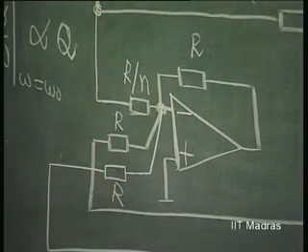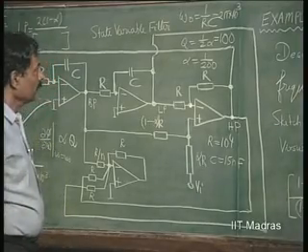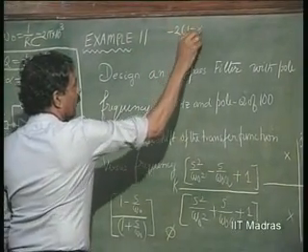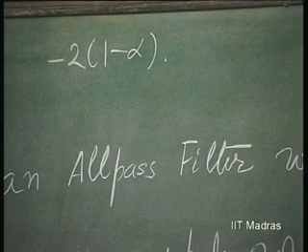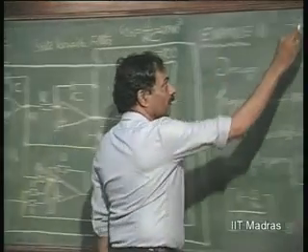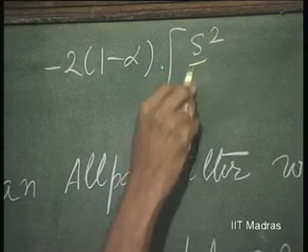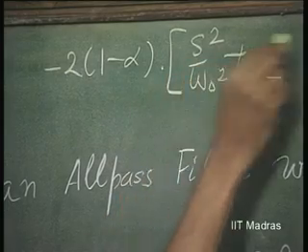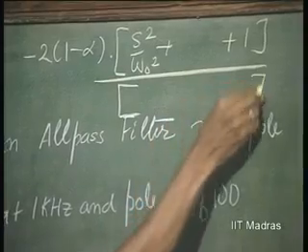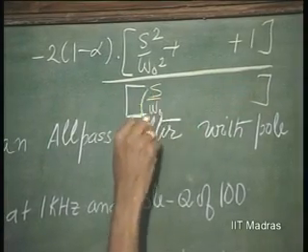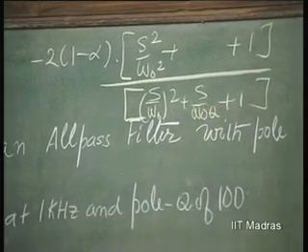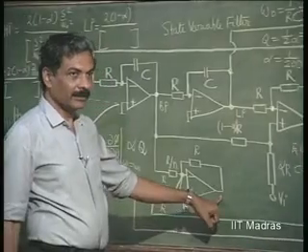So, we get a coefficient here which is going to be minus 2 into 1 minus alpha, because of the inversion for both of these, minus 2 into 1 minus alpha into S squared by omega naught squared plus 1 divided by the same denominator, S by omega naught whole squared plus S by omega naught Q plus 1. This is what we are getting at the output.